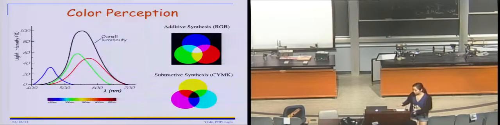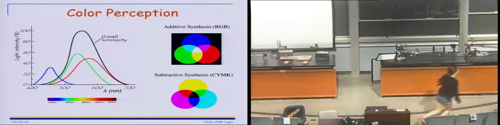Another demonstration here that your perception depends on the wavelengths, and the visible light is a range of colors. You can see, there you go. Thank you.